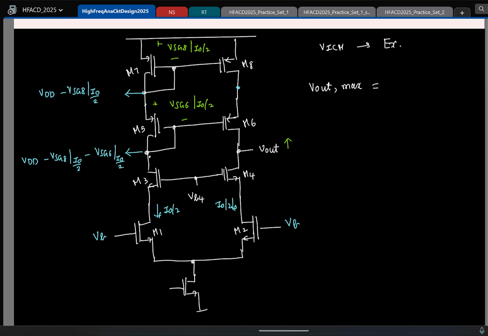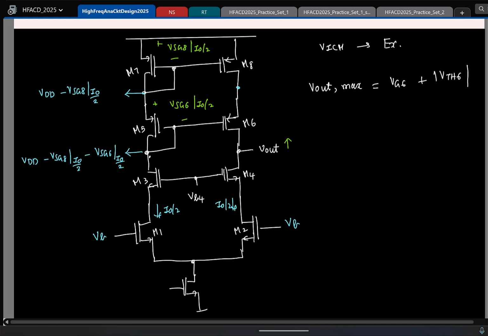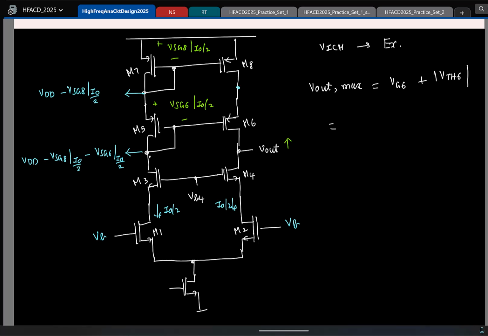This is essentially the gate voltage of M6 plus mod VTH6. This is VG6, if it is not clear. And this we have already computed. This is VDD minus VSG8 at a current I0 by 2 minus VSG6 at a current I0 by 2. That is the gate voltage.